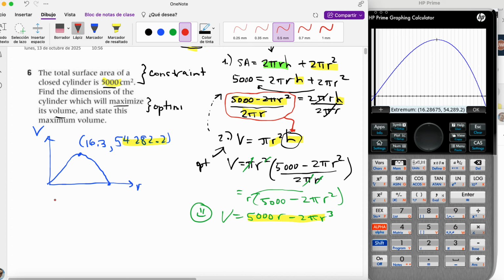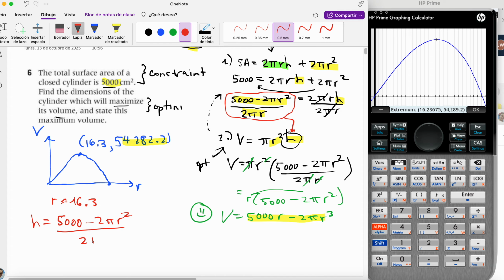So just to be slightly more annoying, our radius is rounded, so I'm just going to use approximations. Our radius is this. Remember, the dimensions means that we do also have to find the height. How do we find the height? No problem. Remember that we have the isolated expression for it.